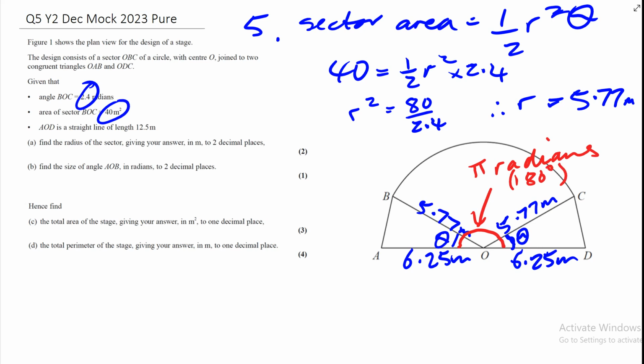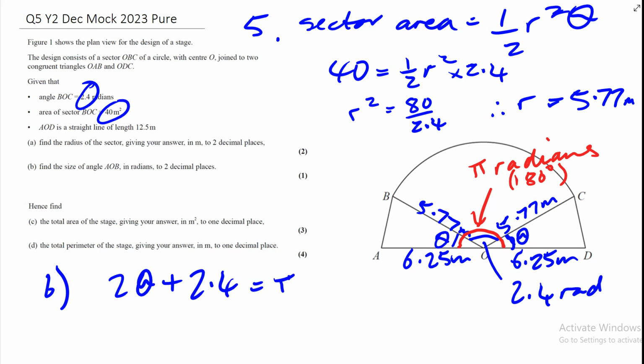So in part B, we want to do those two thetas plus the 2.4. So this here is 2.4 radians, and so that will add to make pi radians. So rearranging that, we'll get theta equals 0.37.